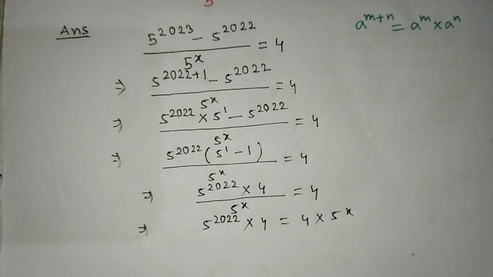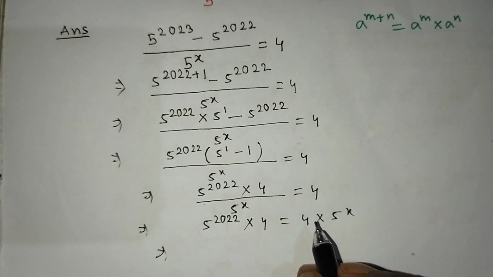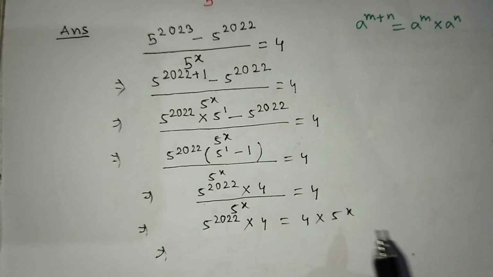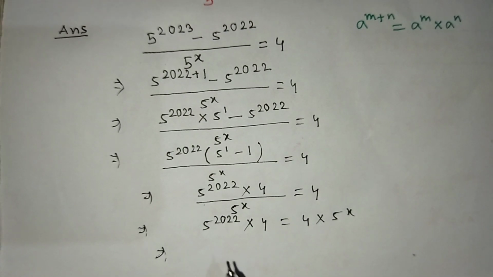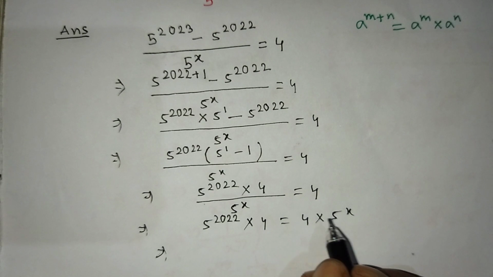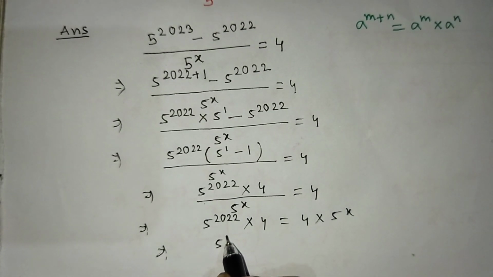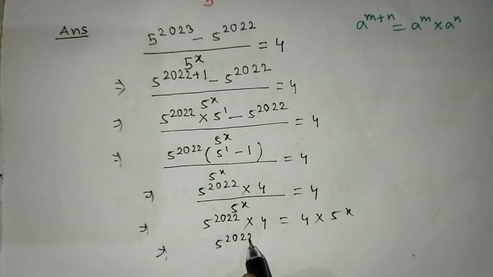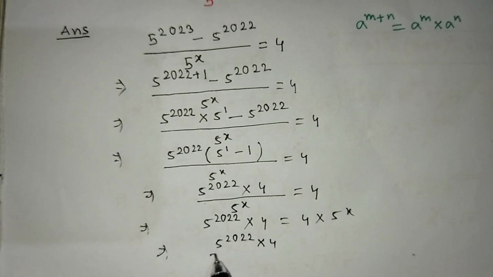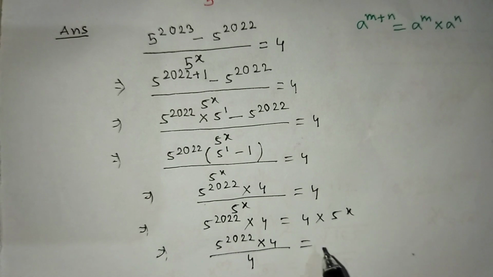So student, after that we have to transpose 4 from right side to left side. If you transpose this 4 from right side to left side, on the left hand side you have to write 5 to the power 2022 into 4 divided by 4 is equal to, on the right hand side, 5 to the power x.